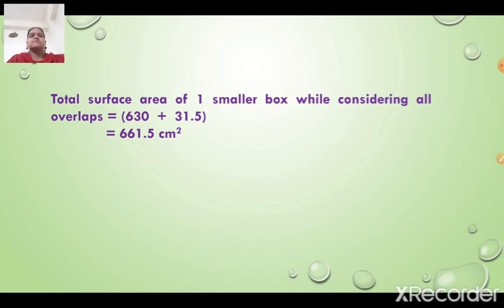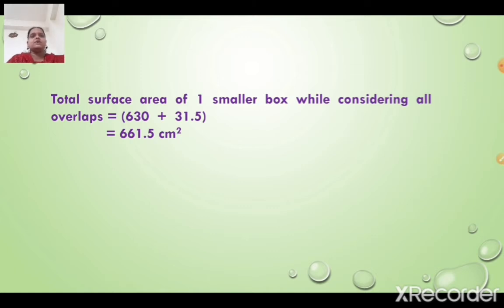This means the total surface area of one smaller box including the overlapping. So what answer did you get here? 630 plus 31.5, which is equal to 661.5 centimeter square.